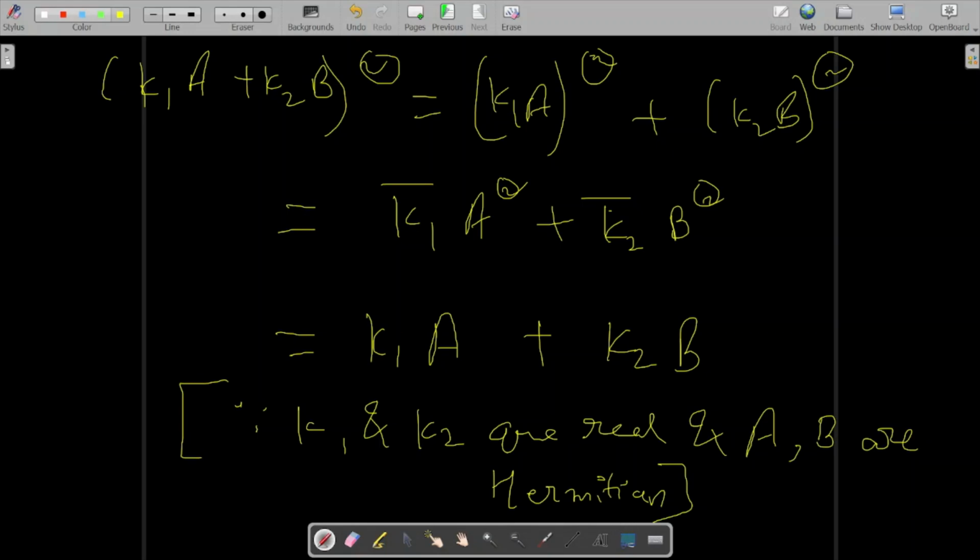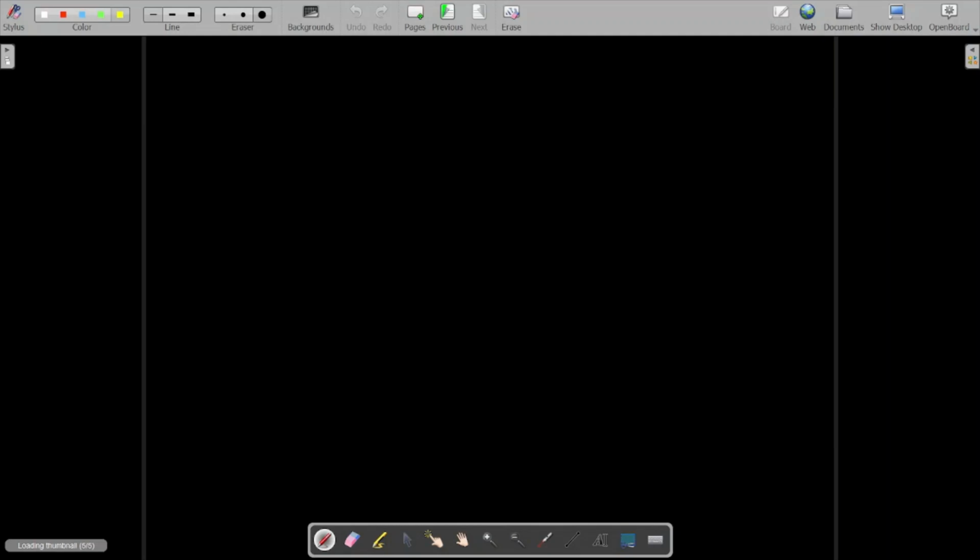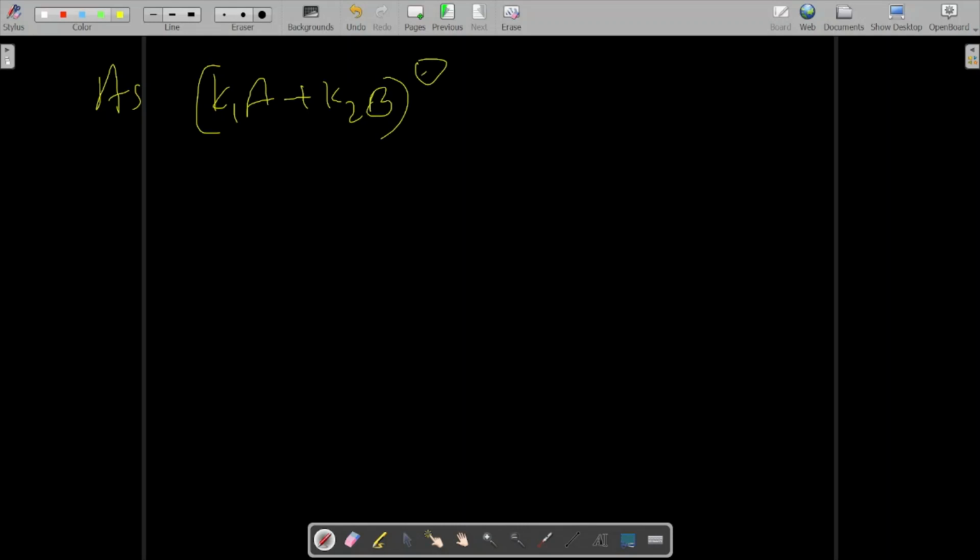So from here we can clearly see that K1A plus K2B conjugate transpose is equal to K1A plus K2B. So what does this imply?